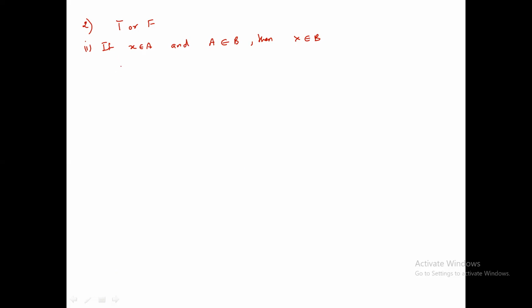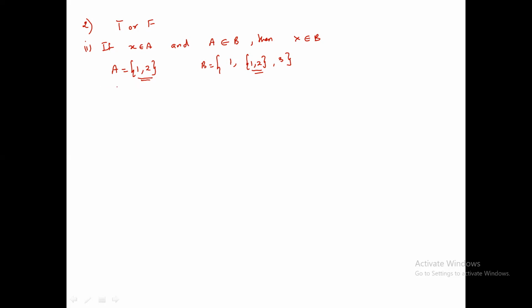Why? How will you say? Suppose A is {1, 2}, and because A belongs to B, I have to take B as something like {1, 2, 3}, because 1, 2 should be an element of B. Then you can say A belongs to B. Okay.